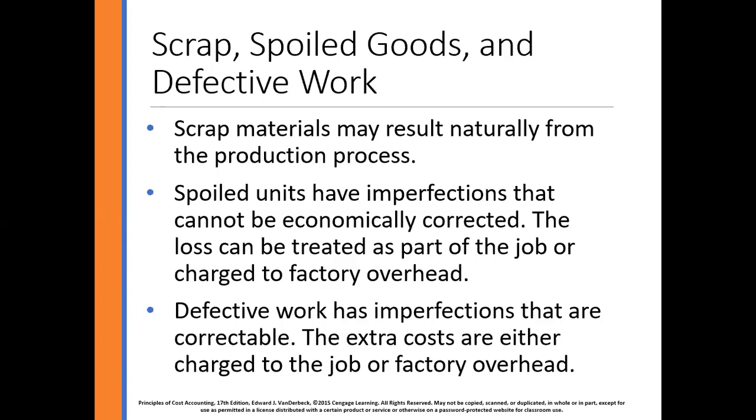The loss can be treated as part of the cost of the job or charged to factory overhead, again, depending on the situation. And then defective work are units that have imperfections that are correctable. The extra cost is either charged to the job or factory overhead.